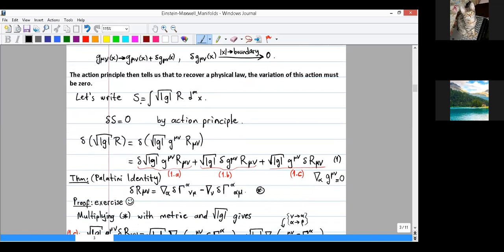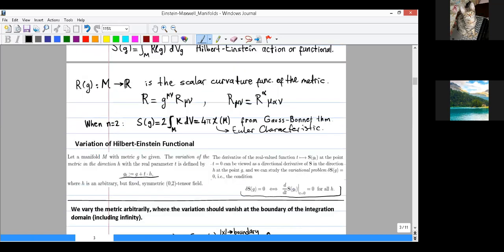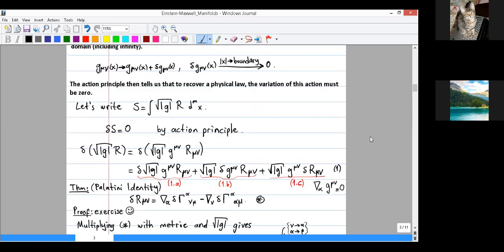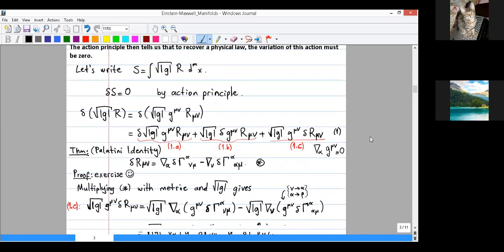So let's write the action as we have given in this definition: the integral of square root of G, scalar curvature R, dx^1 up to dx^n.